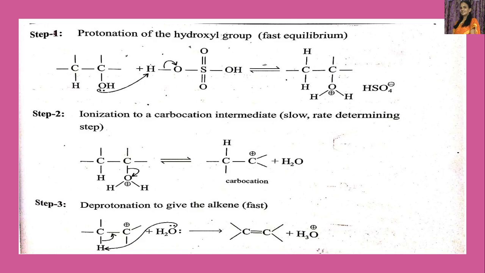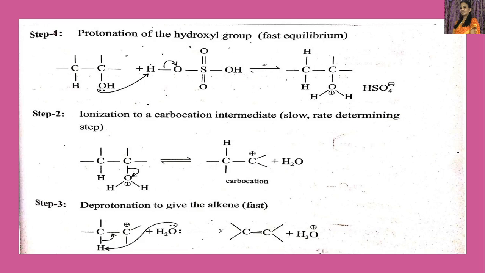In this step, this ion loses water, forming a carbocation, an ion in which carbon bears a positive charge. So this is the carbocation produced in the second step by the loss of water from this molecule.